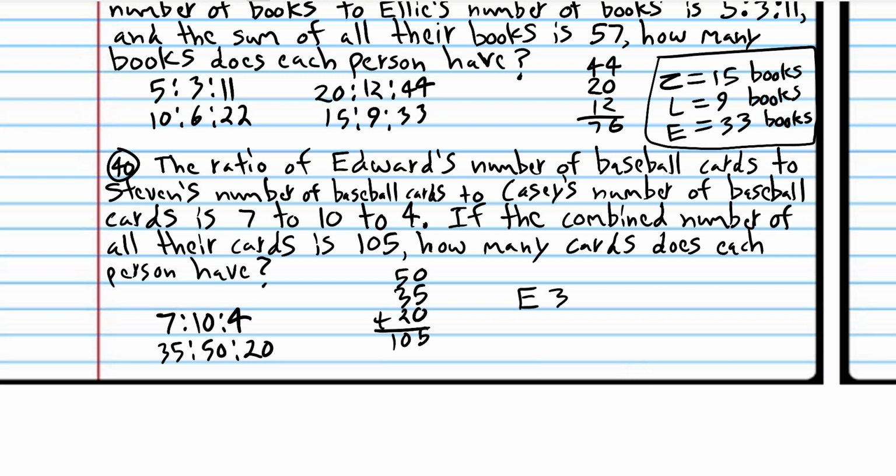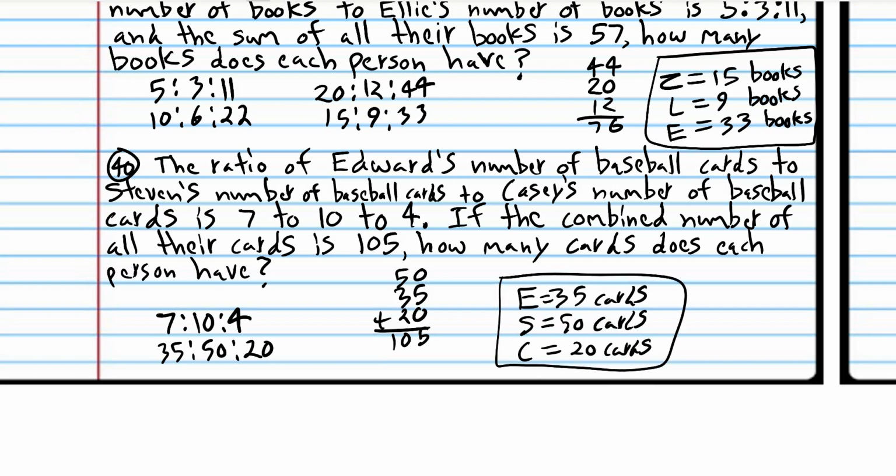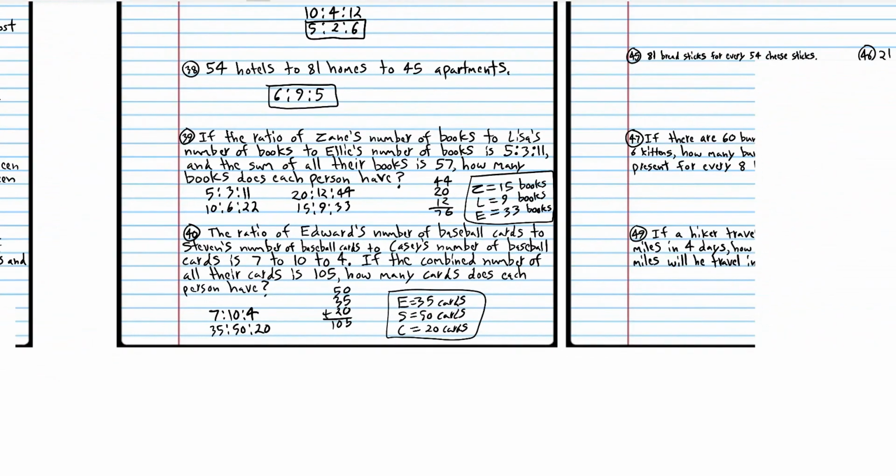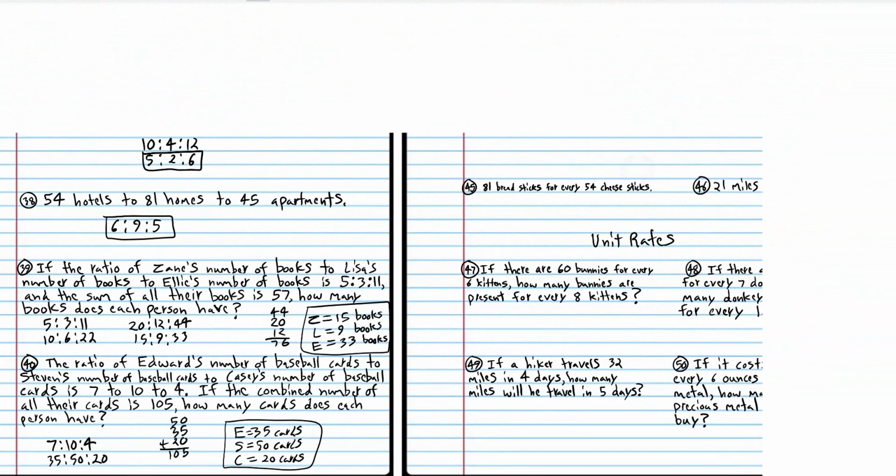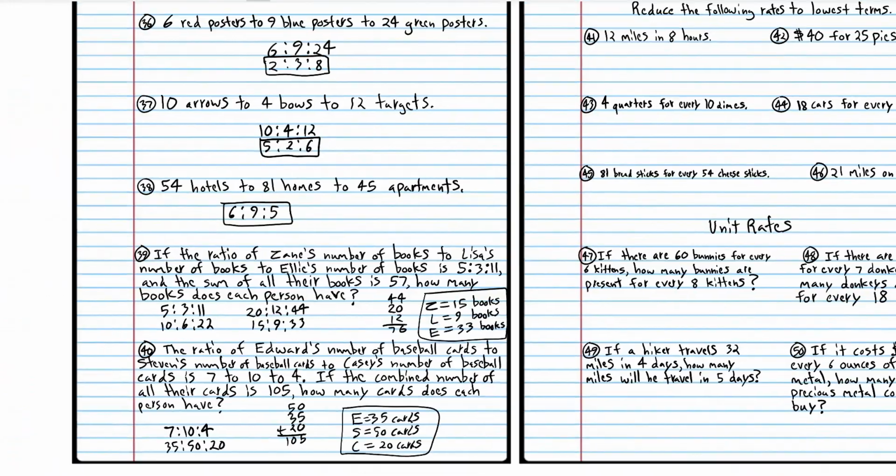Edward has 35 cards. Stephen has 50 cards. And Casey has 20 cards. So if you got the right answer, good job. If you didn't, just go back and figure out what you did wrong.